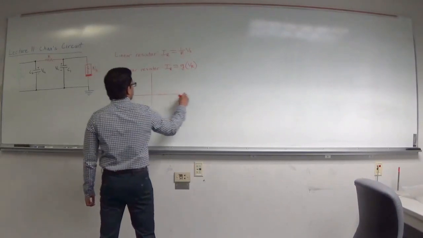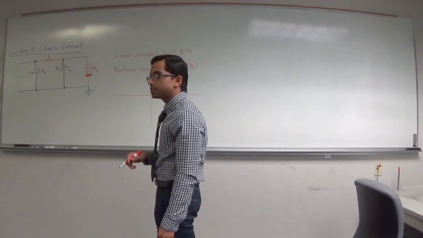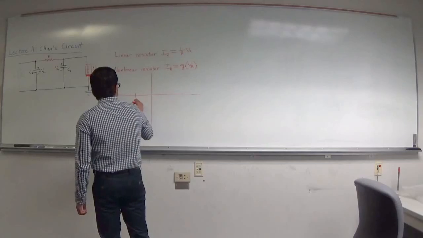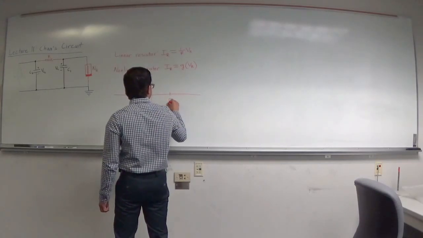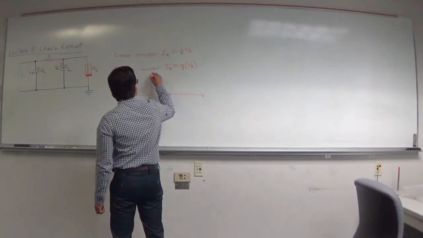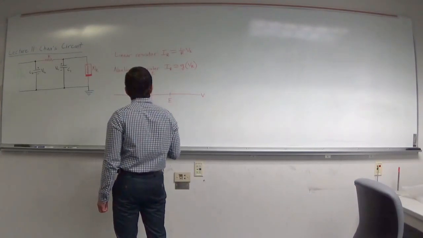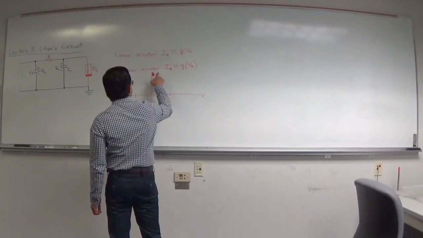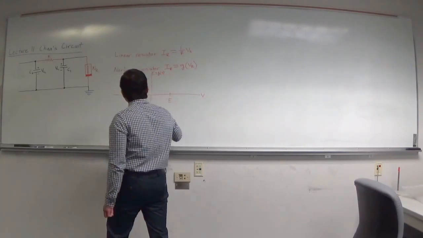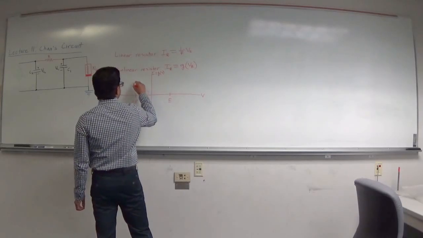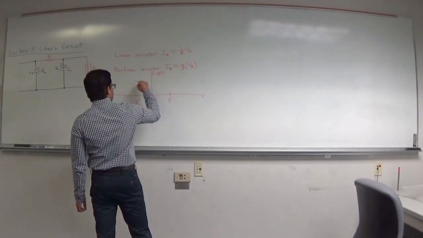With the Chua diode, with Chua's nonlinear resistor, it looks something like this. It looks like a piecewise linear function. This is V, this is I. I should probably call this G of V, so I equals G of V. And it had a relation like this.